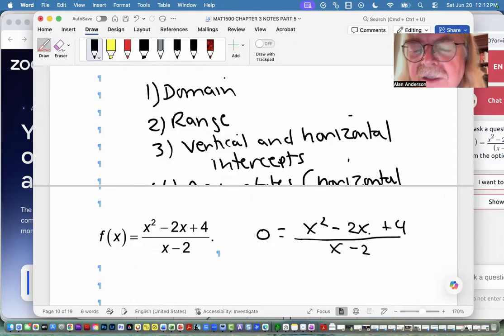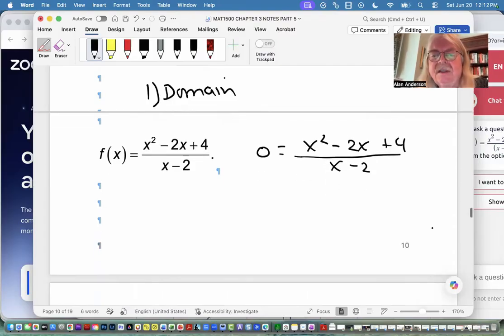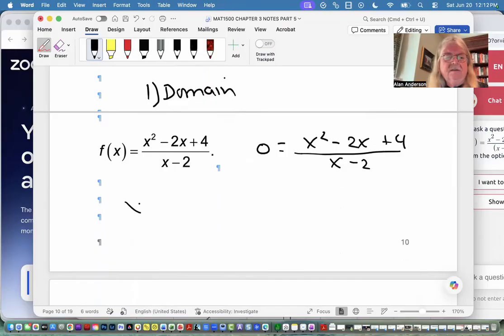Now, if you look at this very carefully, you might notice something interesting. It looks like x minus 2 might be a factor of x squared minus 2x plus 4. Why don't we see if that's the case? Let's try to factor this.